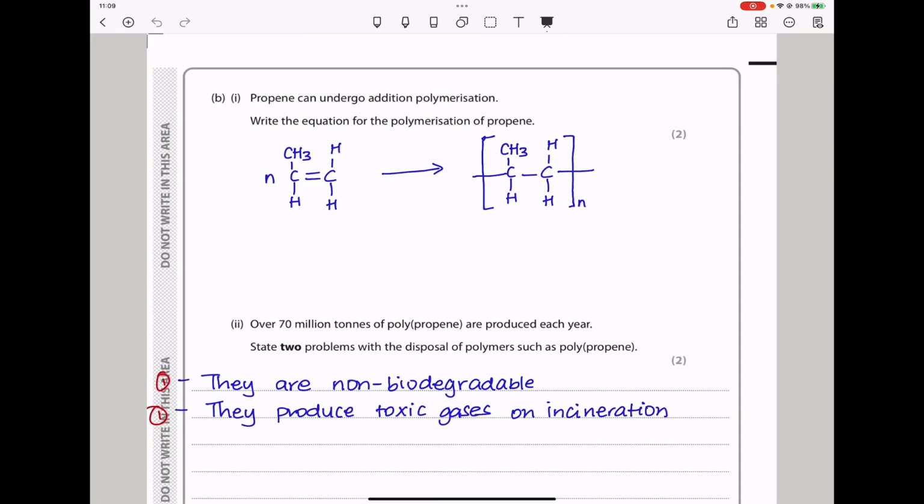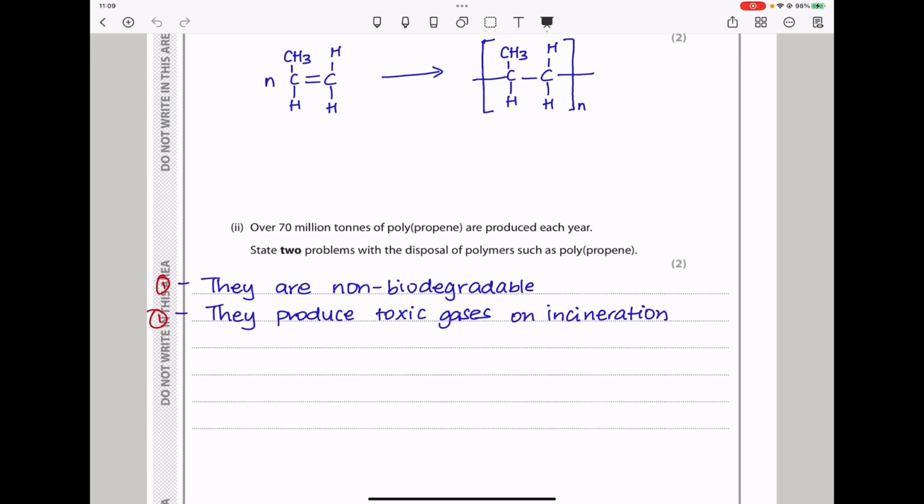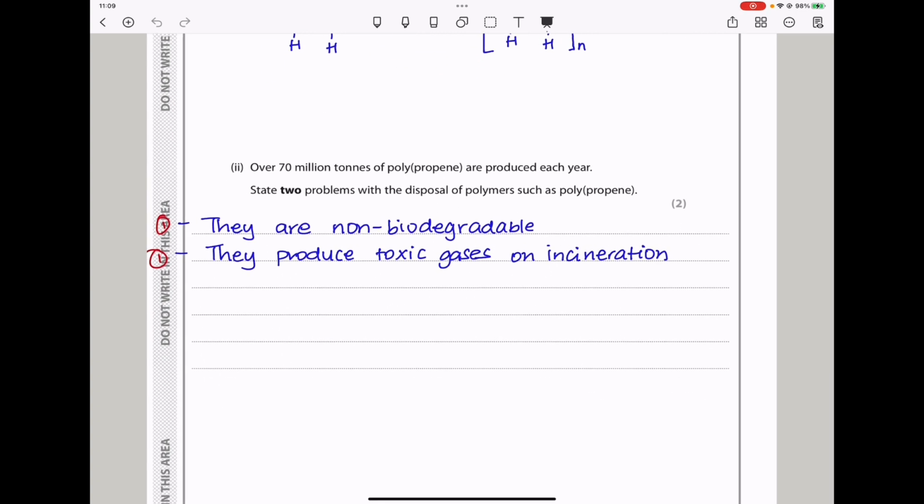Moving on. In part B, propene can undergo addition polymerization. Write the equation for the polymerization of propene. Now, n molecules of propene go through polymerization to produce this one here. I put n here. And again, to polymerize, the double bond breaks, which is broken here, and then you form extensions in that manner. In the next part, over 70 million tons of polypropene are produced each year.